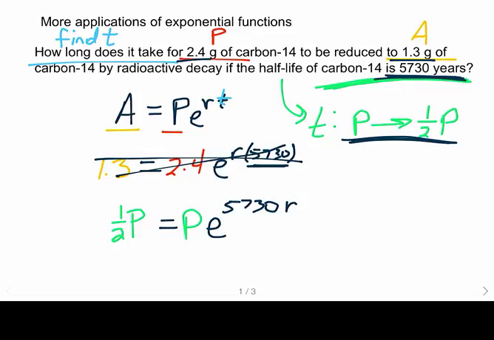Once I have the rate of decay, then I can plug that number into the equation for r. We know what P will be, we know what A will be. Now we only have the one variable t, you see?